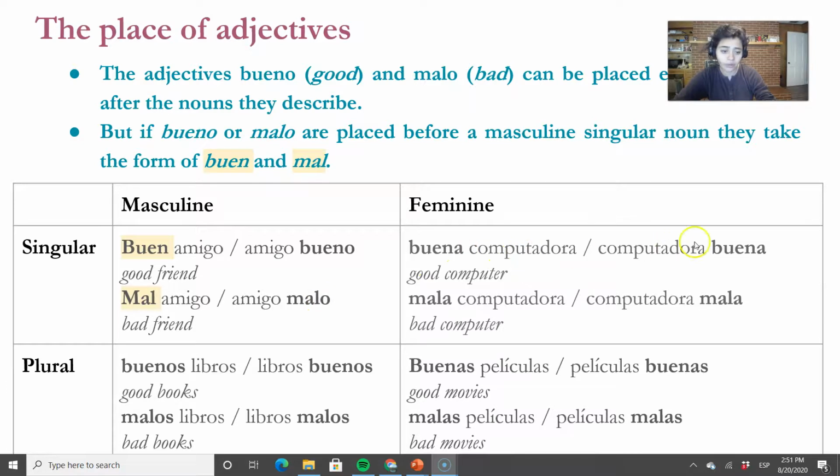Buena computadora, computadora buena. Mala computadora, computadora mala. Buenos libros, libros buenos. Malos libros, libros malos. Buenas películas, películas buenas. Malas películas, películas malas. Being in front of or after the noun with bueno or malo doesn't change the meaning. It keeps the same meaning.